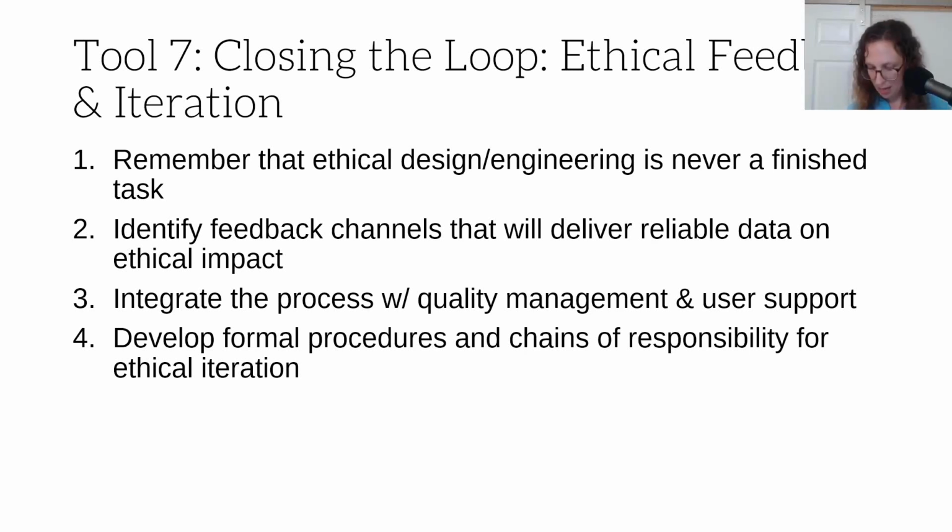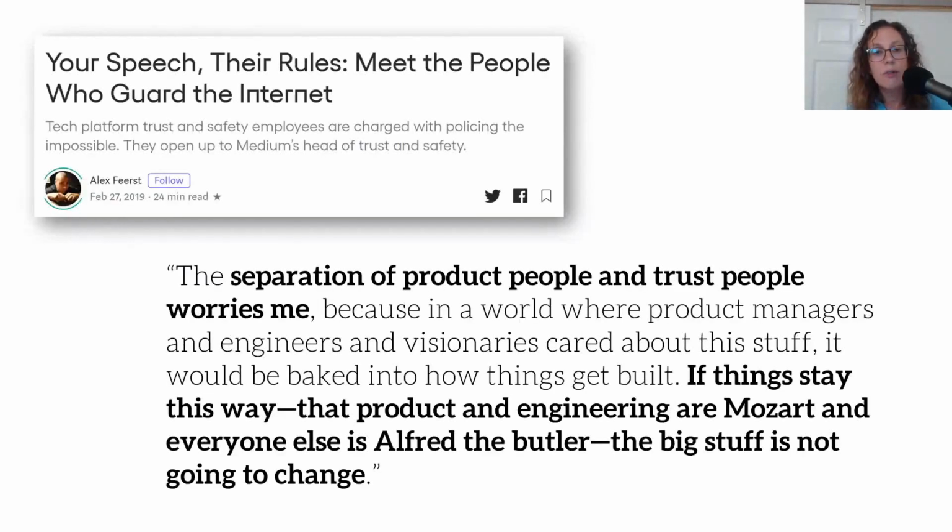And this tool reminded me of a blog post by Alex Fierce that I really like. Alex Fierce was previously the chief legal officer at Medium, and I guess this was a year ago. He interviewed something like 15 or 20 people that have worked in trust and safety. And trust and safety includes content moderation, although it's not solely content moderation.